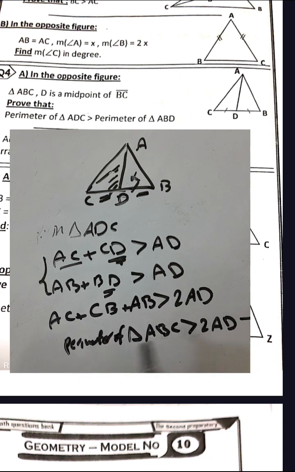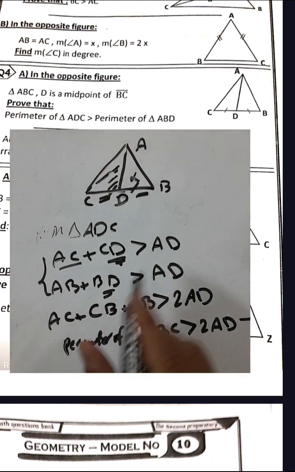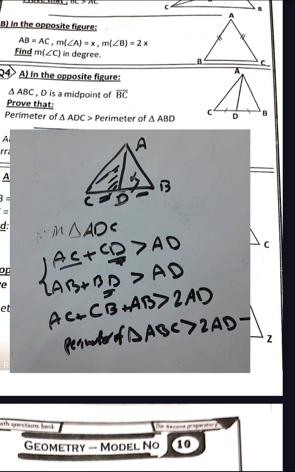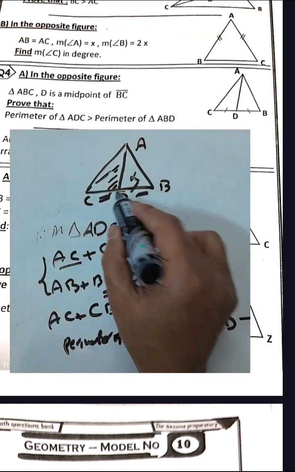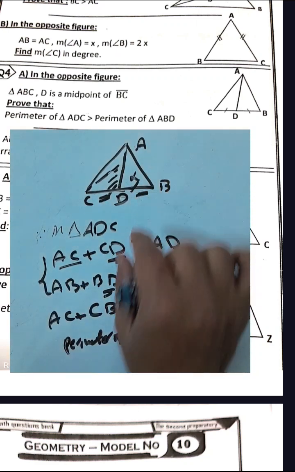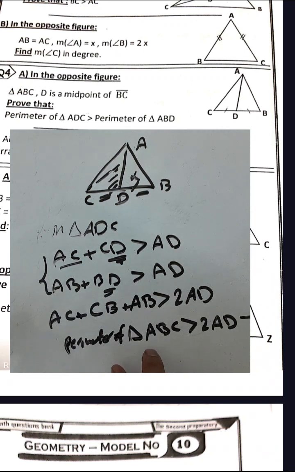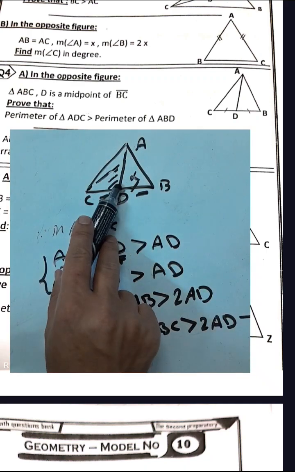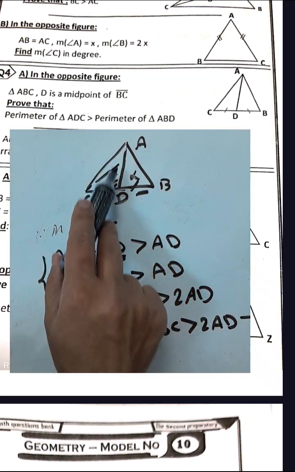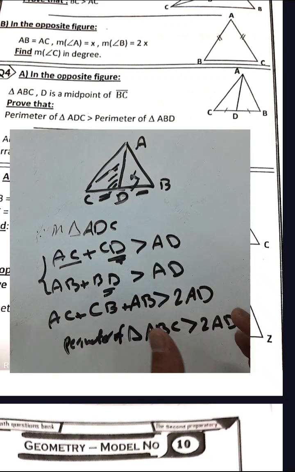It's relation number 1. And we can find the side AB here plus BD, AB plus BD is less than AD. It's the perimeter of the triangle here. Okay, we want to find what? AD here, twice of it equals what? Twice AD. We can find the new relation.